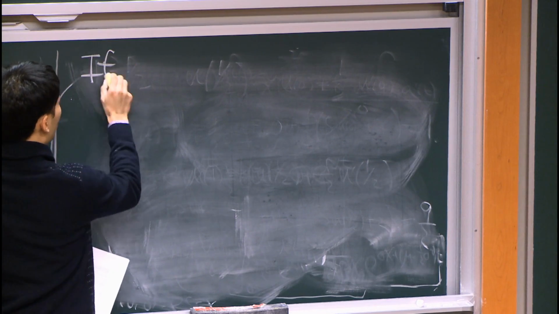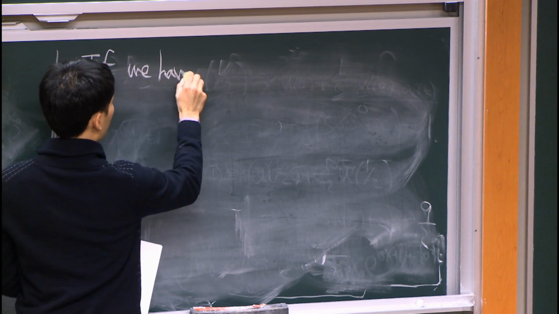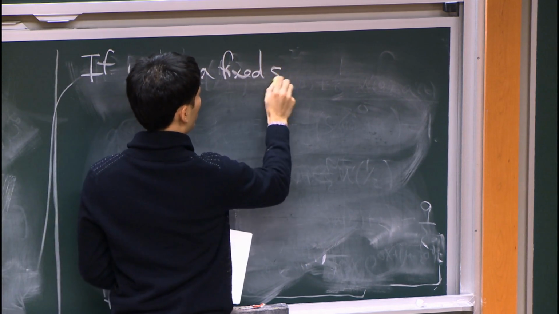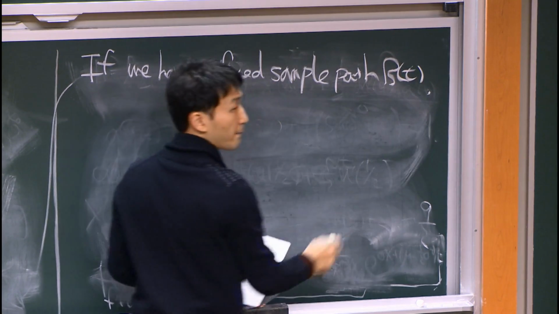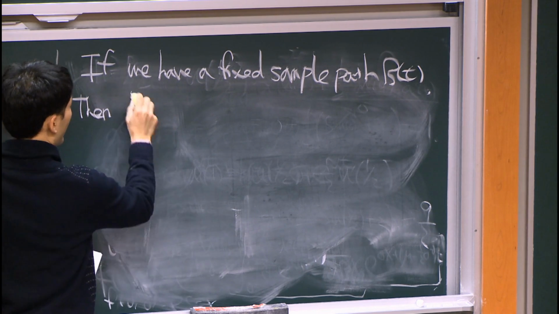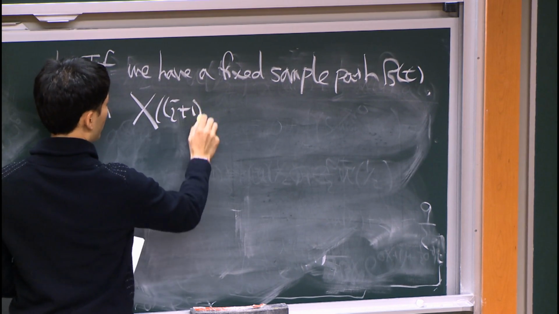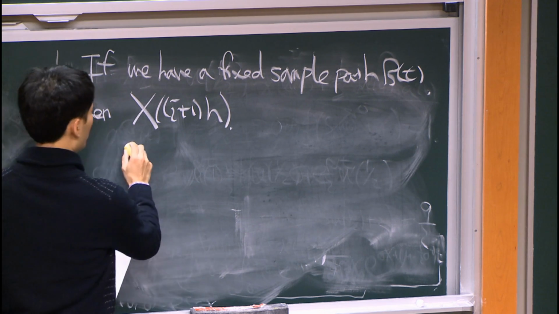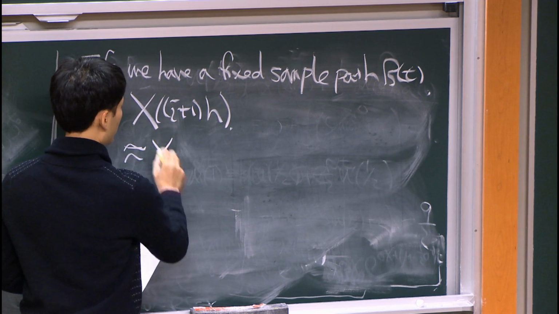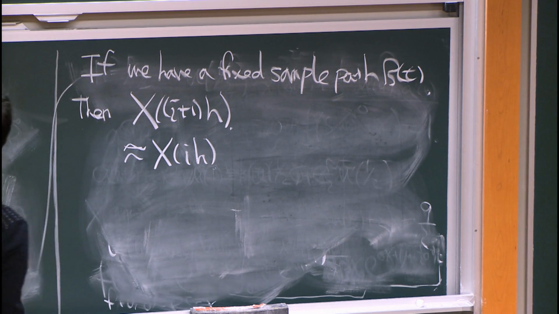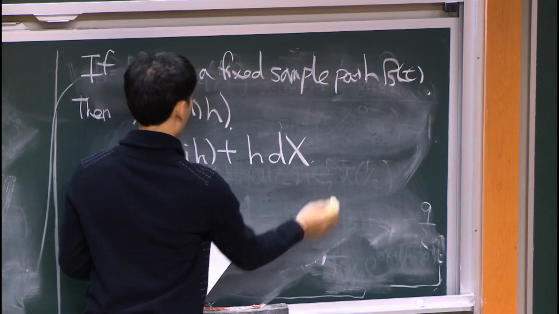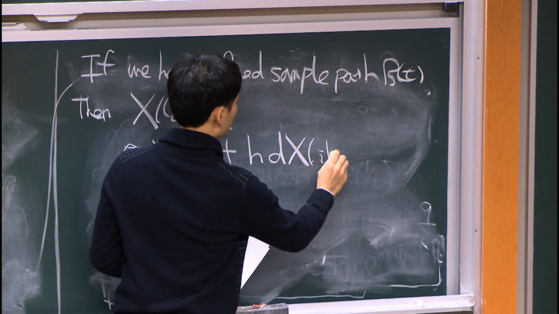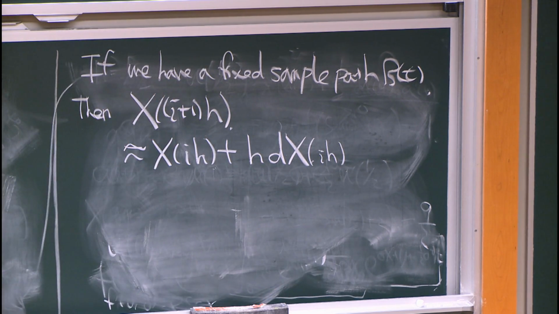If we have a fixed sample path for Brownian motion B_t, then x at time (i+1)h is approximately equal to x at time ih plus h times dx at that time ih. Just by the exact same Taylor expansion.